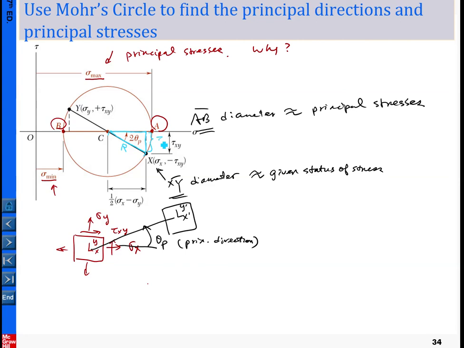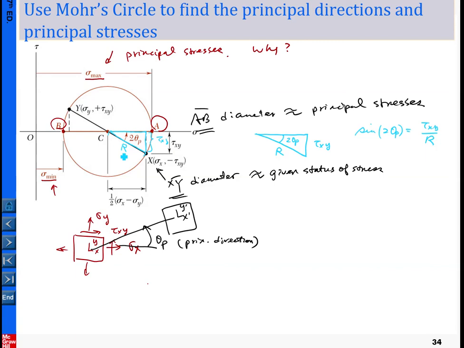This side is tau xy. So let me rewrite the triangle here to focus on it. This is R, this is tau xy, and this is the angle 2 theta we're going to find. So from this, are you able to see that sine 2 theta p equals tau xy divided by R?